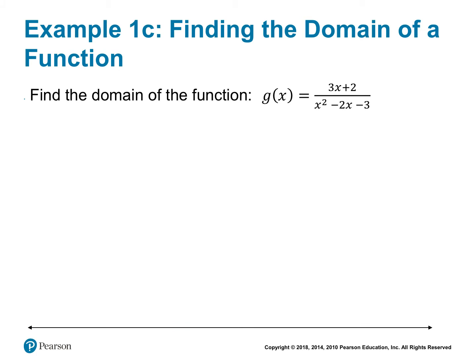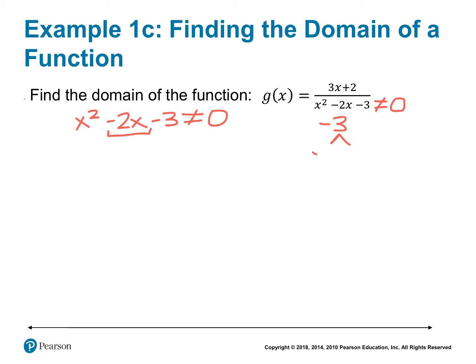Okay, let's try this one. Again, we aren't going to have a square root involved, but we do have a denominator. And we know this denominator cannot equal 0. So we're going to try to solve for x. What x's would make this equal 0? This is going to be a factoring question because I have a trinomial here. Remember, you're trying to think of factors of -3 that will add to -2.